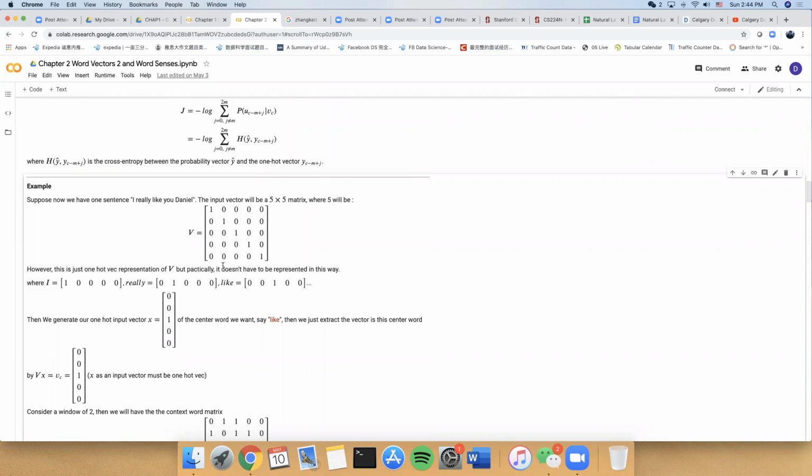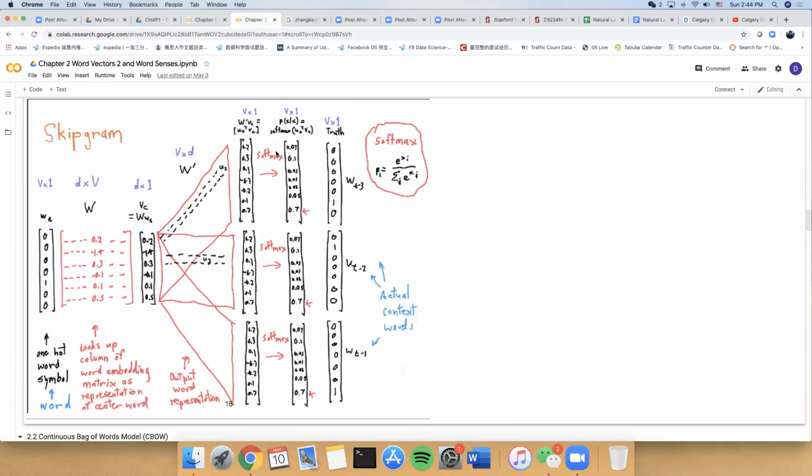Even here it is 6 times 5, and at the end you're going to get 6. So the final result is correlated with window size, but in the middle steps the dimension of the word is canceled away. So it's not a big deal here. Very good question, by the way.